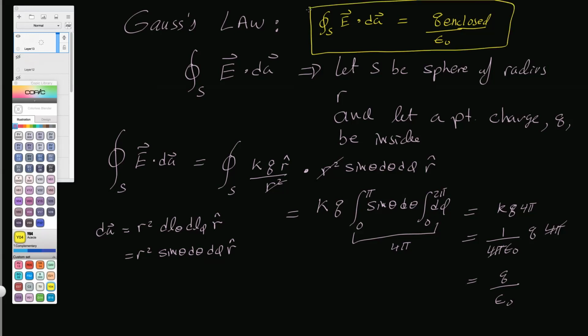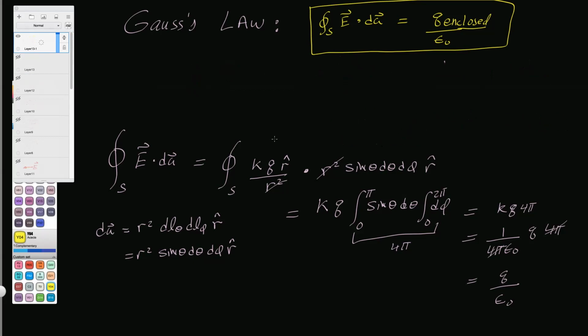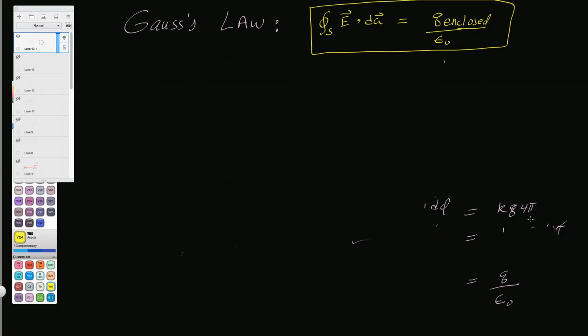There is a differential form of Gauss's law that we can get by using the divergence theorem. So let's look at the differential form.